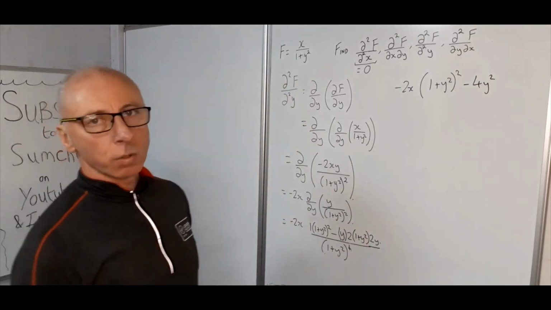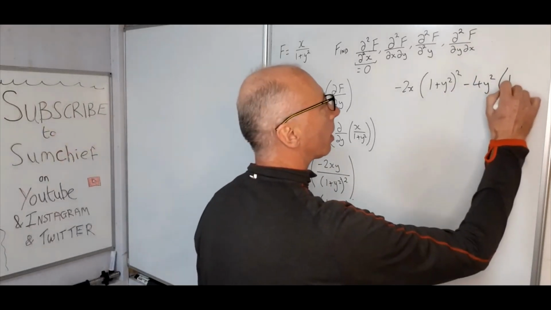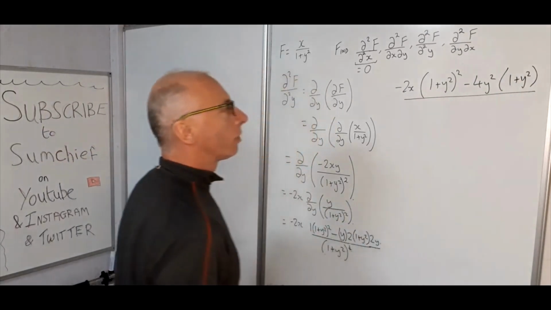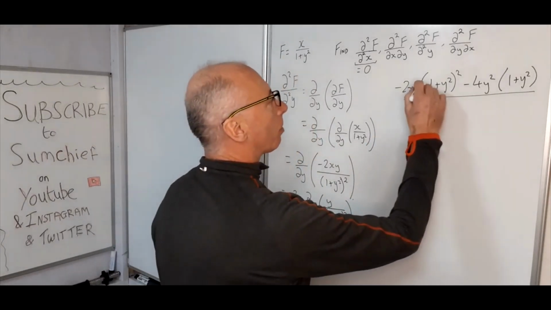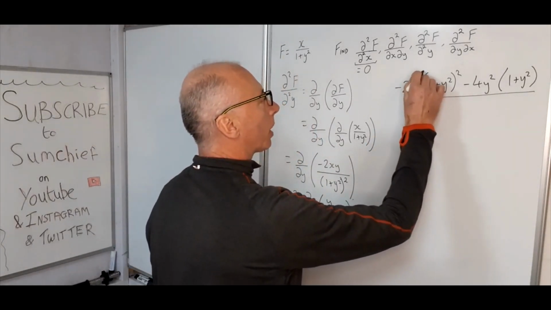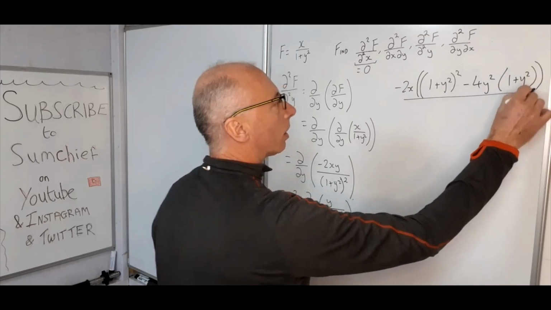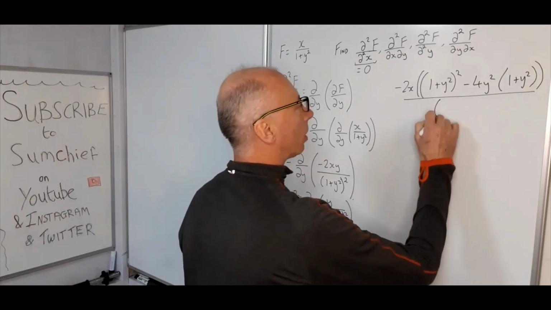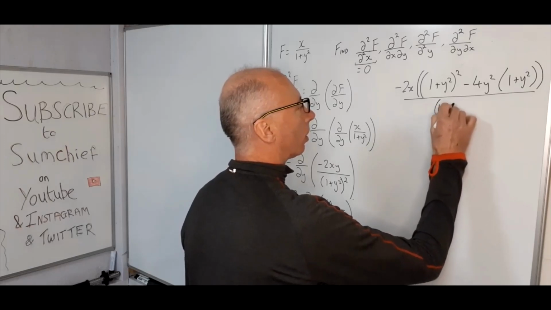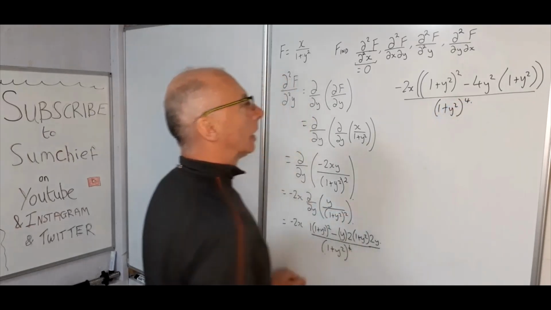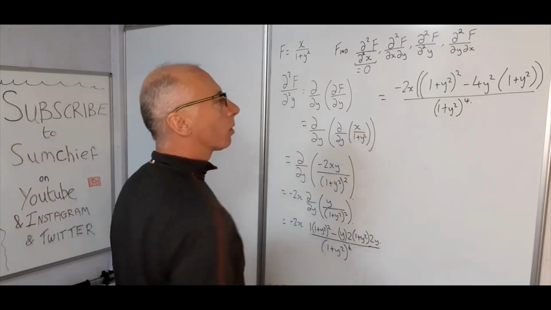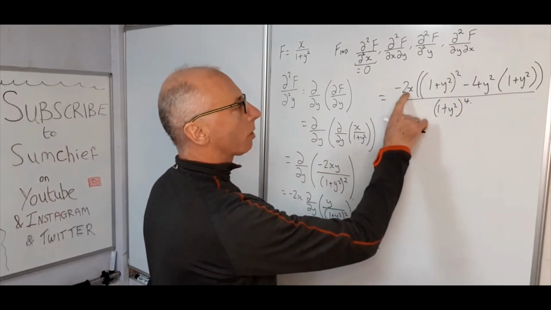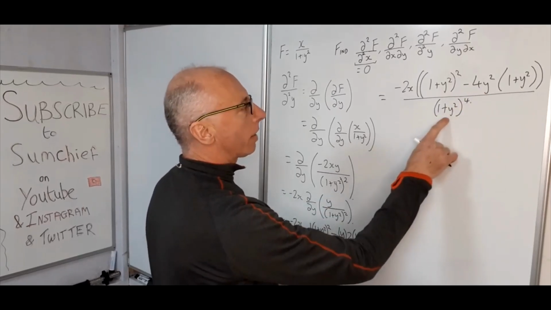And then a 1 plus y squared again. And then that's all going to be over, let's just make sure we distribute this 2x properly, 1 plus y squared to the power of 4. Okay, that's our equals.